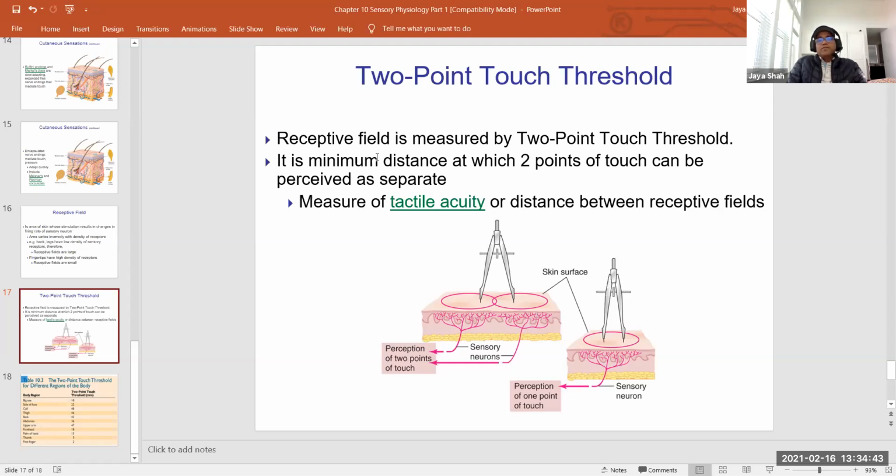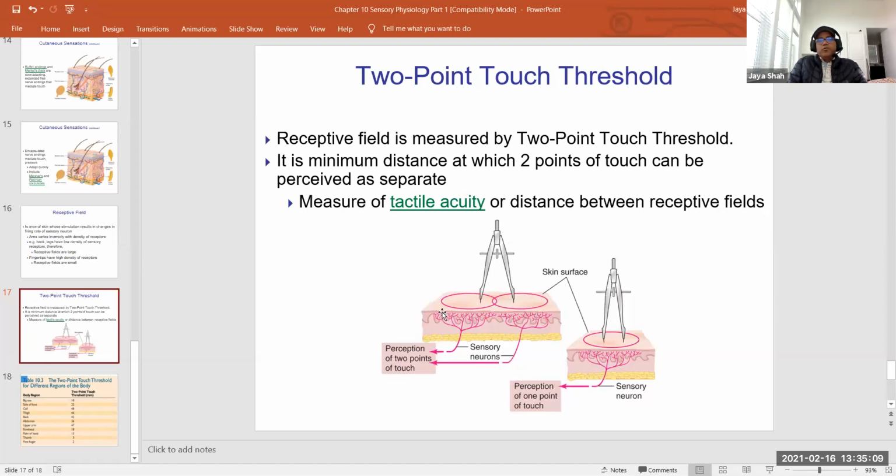Okay, so receptive field is measured by 2-point touch threshold. It is the minimum distance at which 2 points of touch can be perceived as separate. It is a measure of tactile acuity or distance between receptive fields. So you see here, if you feel 2, that means you are activating 2 sensory neurons. If you feel 1, that means you are activating 1.